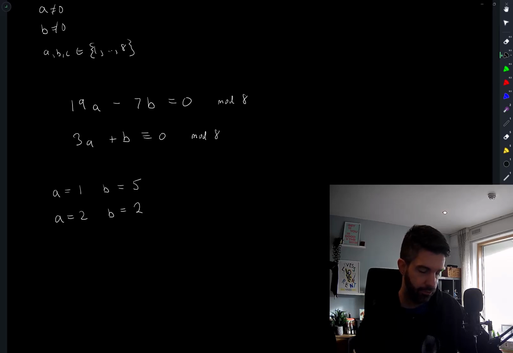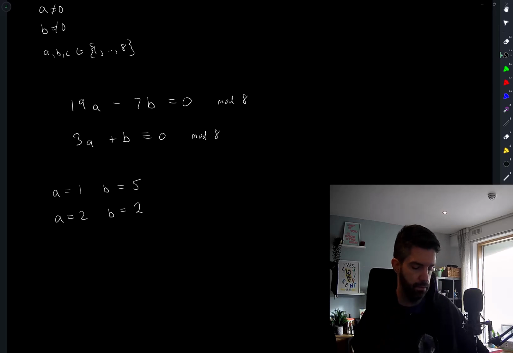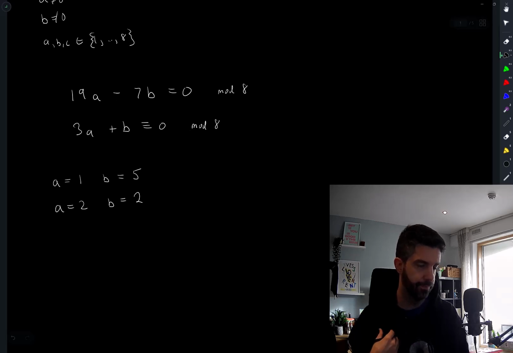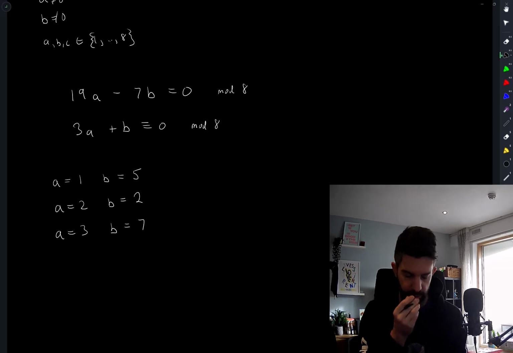Are those the only cases that work? No. All right, if A is equal to 3, 9, so that becomes 9. I would need to add 7. B would have to be 7. So I guess there's a lot of solutions, aren't there, to this?